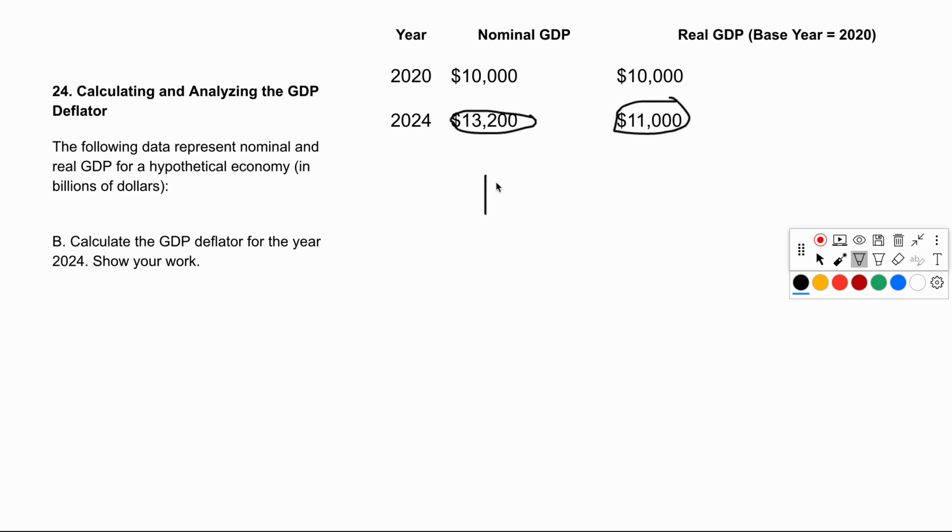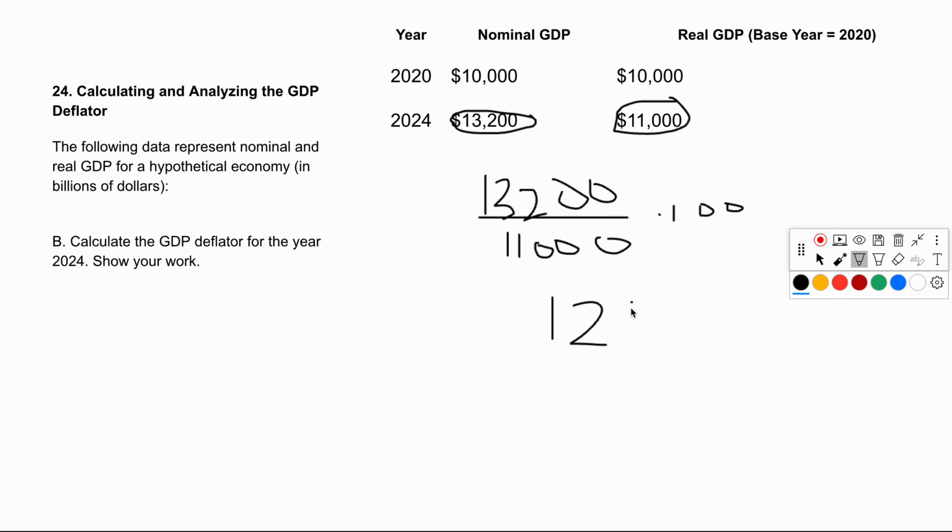So 13,200 divided by 11,000 times 100. What we get, let me get a calculator. 13,200 divided by 11,000 times 100, and we get 120.